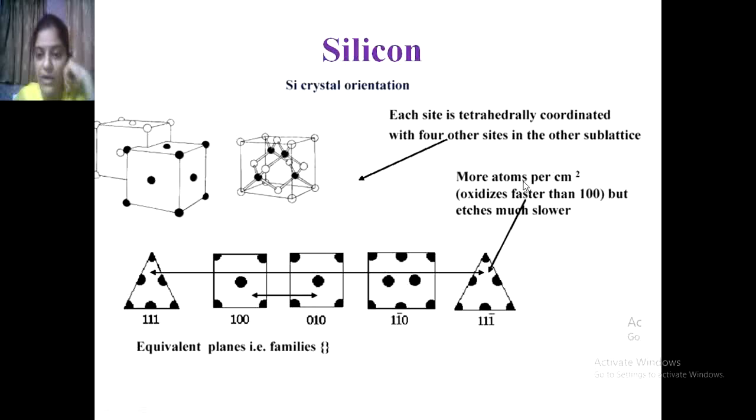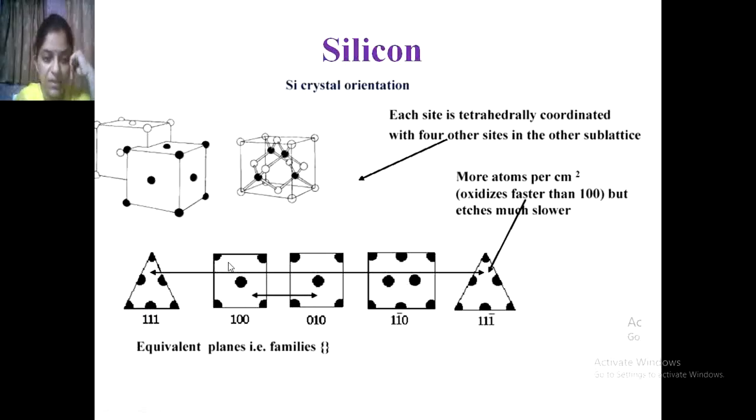If you take the equivalent planes from the same families, here the structure is shown and represented in different ways. Here we have already seen the plane, that is 1 1 1.